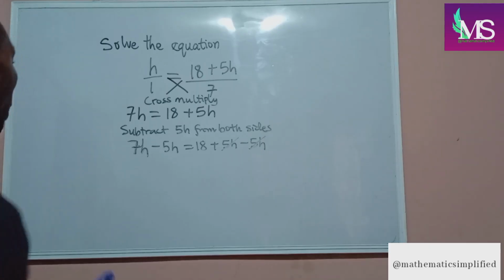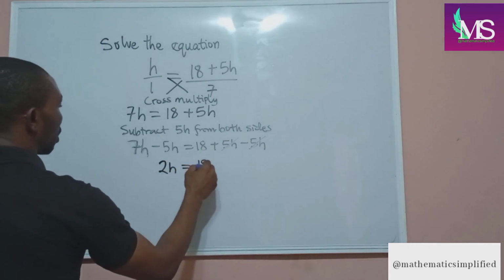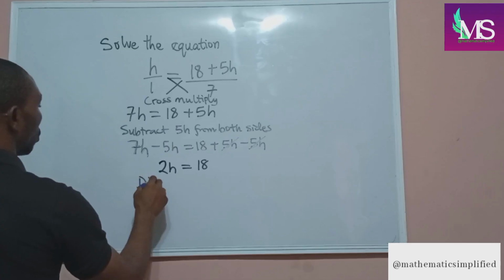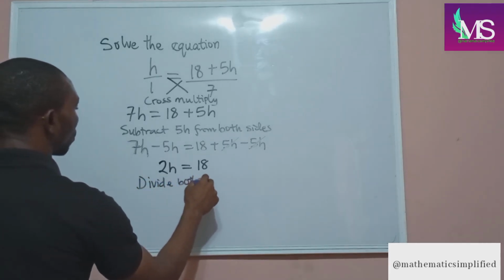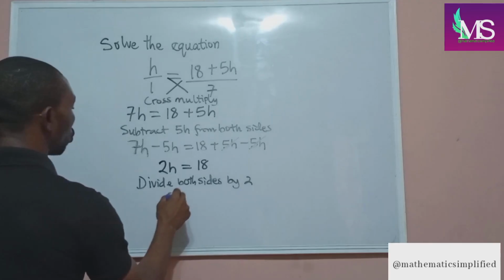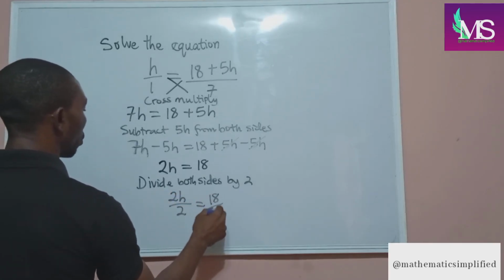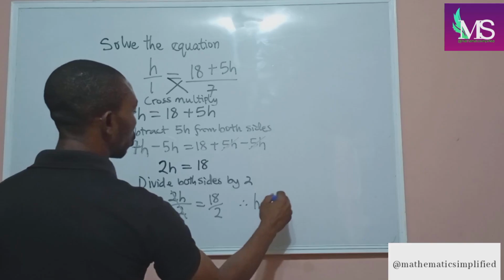And 7 minus 5, we know it to be 2. So 2h equals 18. So divide both sides by 2. This becomes 2h over 2 equals 18 over 2. So our h equals 9.